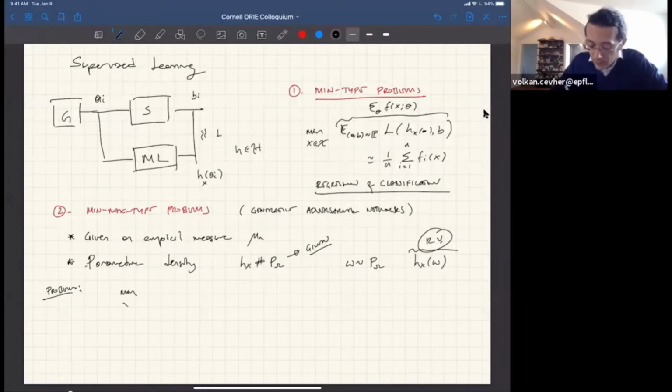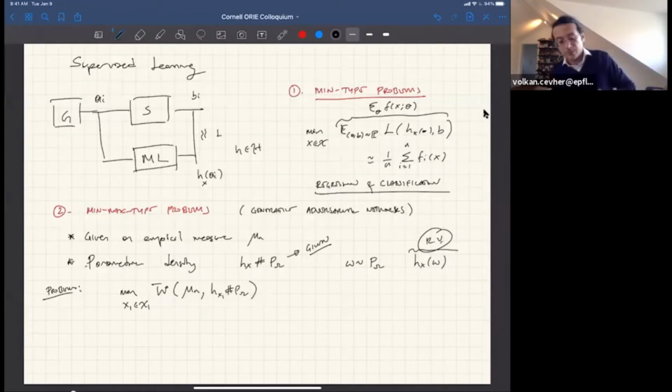We're going to try to learn the parameters of this neural network in such a way that minimizes the Wasserstein distance between the empirical measure and the push forward measure. Now I'm using the subscripted x1. It will be clear why I am doing this in a couple of minutes.